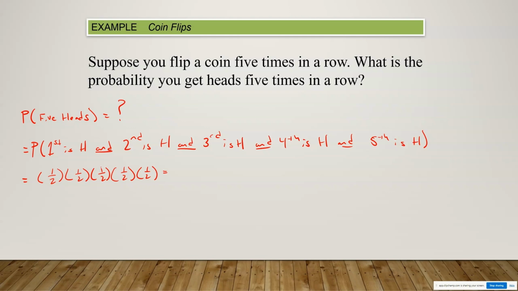So this is just 1/2 to the fifth power. Multiplying fractions, 1 times 1 times 1 times 1 times 1 is 1. 2 times 2 is 4, 8, 16, 32. The probability you would flip a coin 5 times and get heads 5 times in a row is only 1 out of 32. So very low probability.